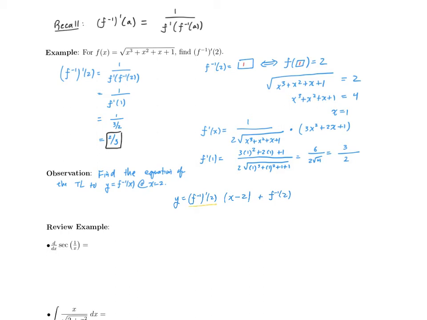F inverse prime of 2 is the number 2/3 that we just found, and f inverse of 2 is this quantity 1 we determined as part of our work to the previous problem. So the tangent line is y equals 2/3 (x minus 2) plus 1. So almost an afterthought once we've done all of the work required to answer that original problem.